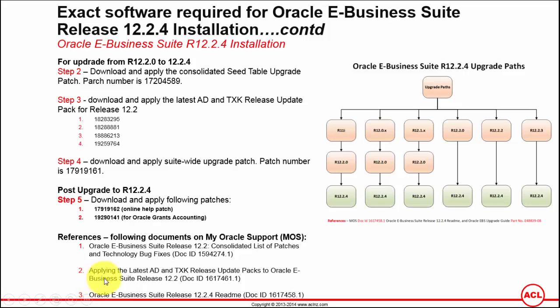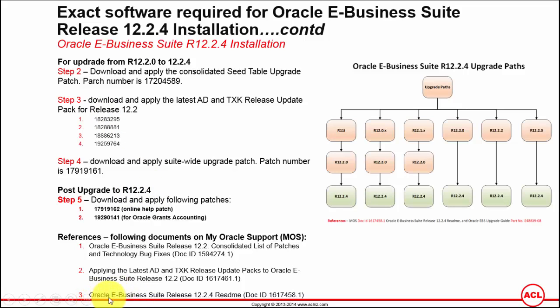Then the second document, applying the latest AD and TXK release update packs to Oracle eBusiness Suite release 12.2, document ID 1617461.1. This particular document you may want to refer to while you are applying these AD and TXK release update packs as a preparation for upgrading to 12.2.4.